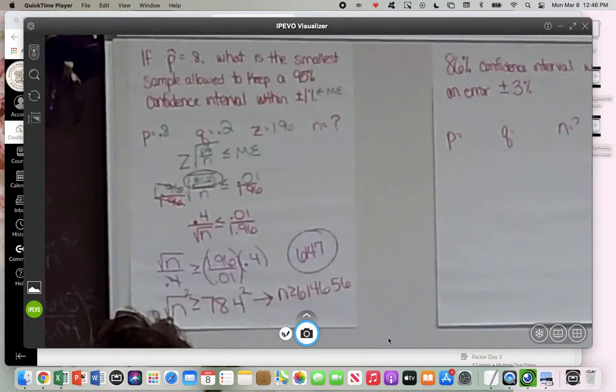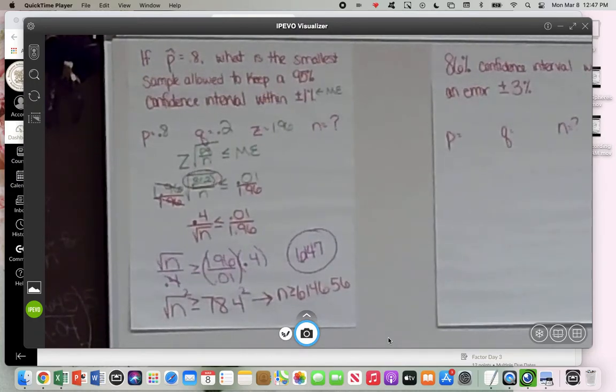All right. I actually want you guys to try this next one by yourself. So you will have to find the Z for an 86% confidence interval. Since it's not given, we assume it's 50-50. Very good.